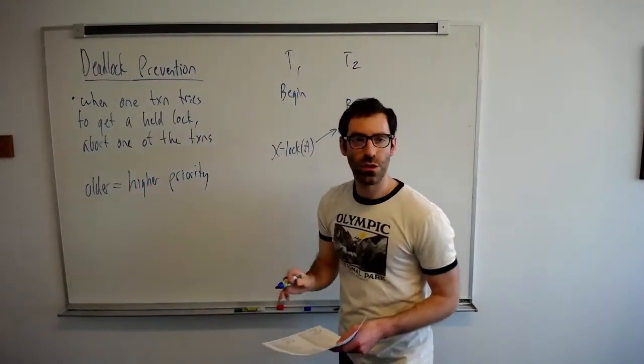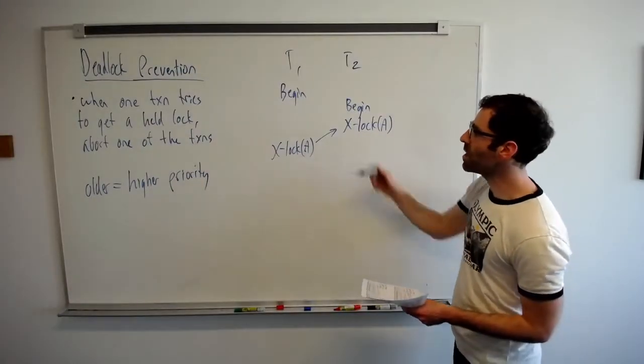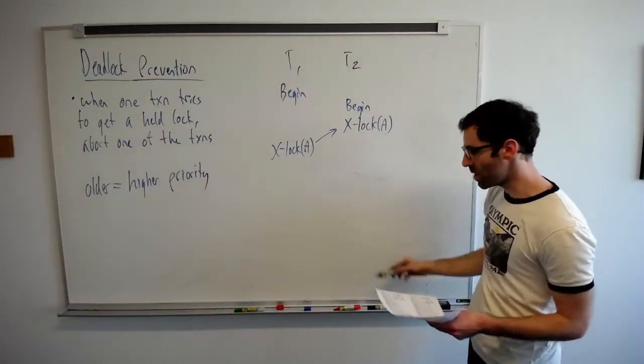The older the transaction, the higher priority it has. So T1 would be higher priority than T2.